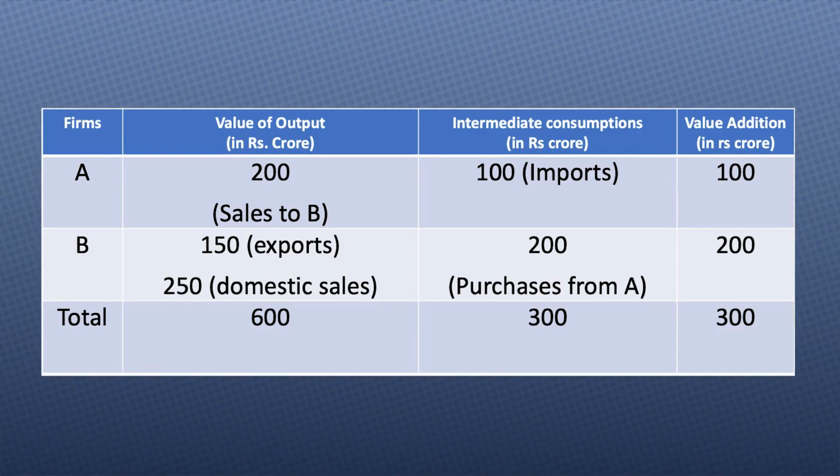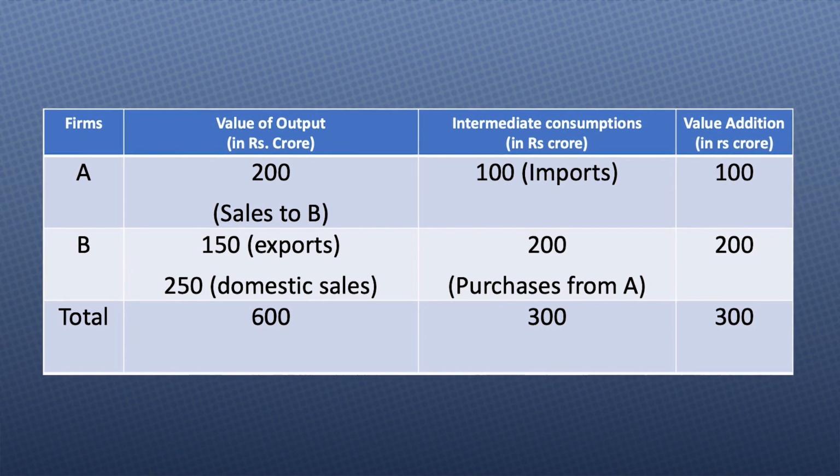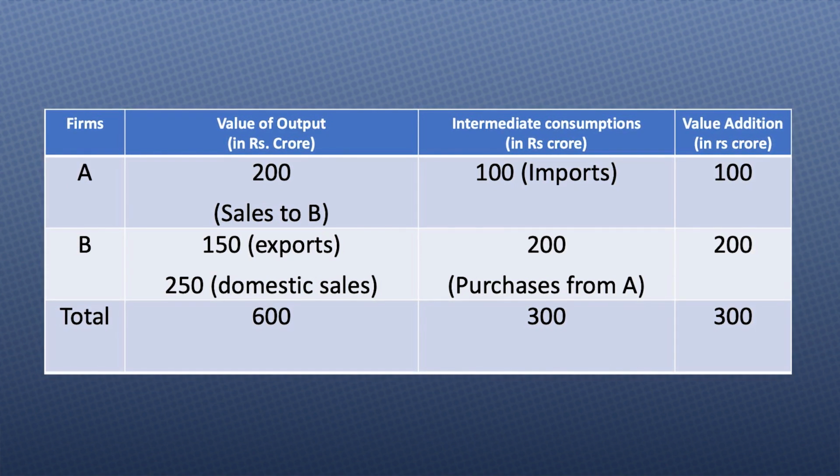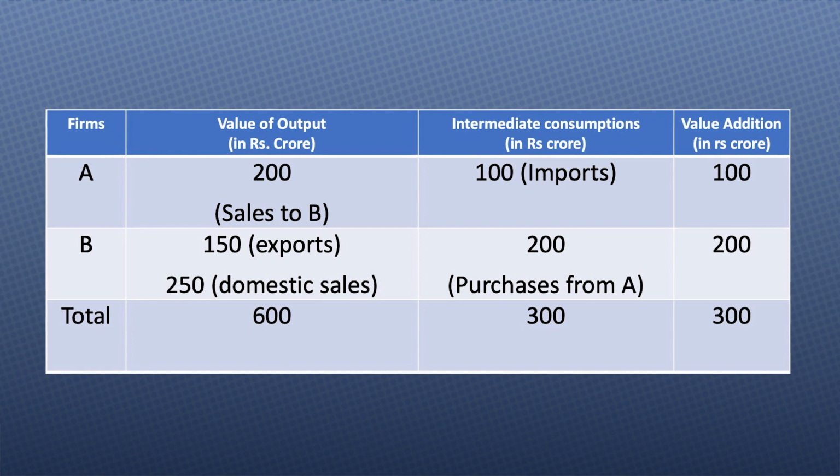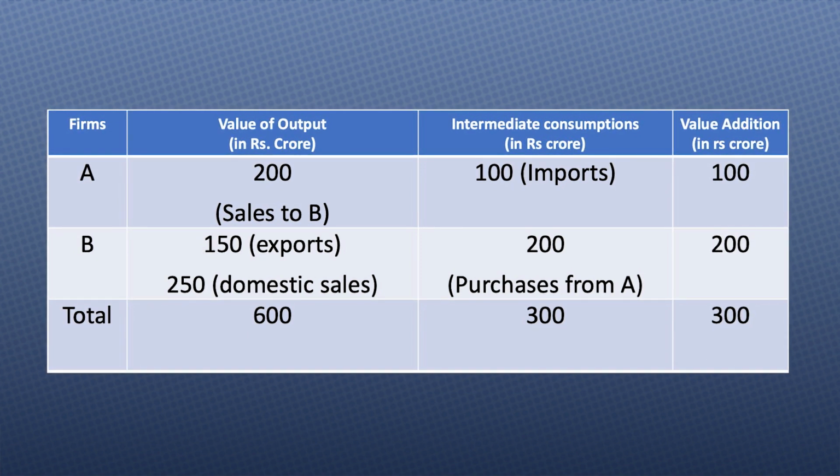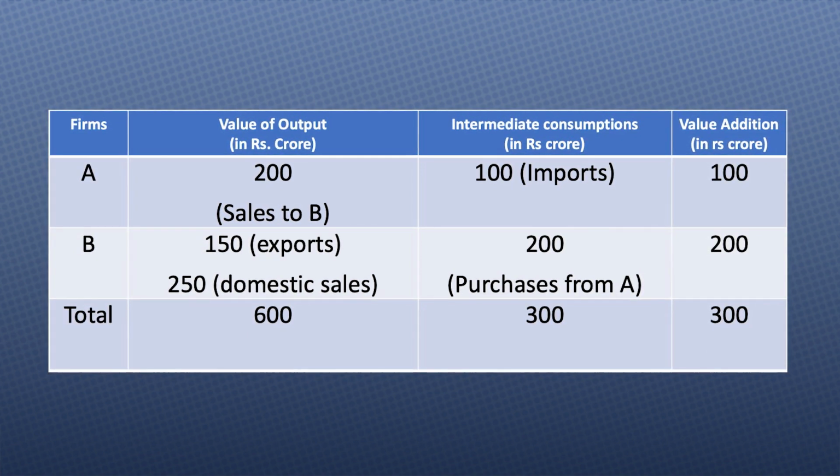We can calculate the value addition made by firms by using the formula we have learnt in today's session. We may prepare a table as well. In this table, we have the columns firms, value of outputs, intermediate consumptions, value additions, all in crores.